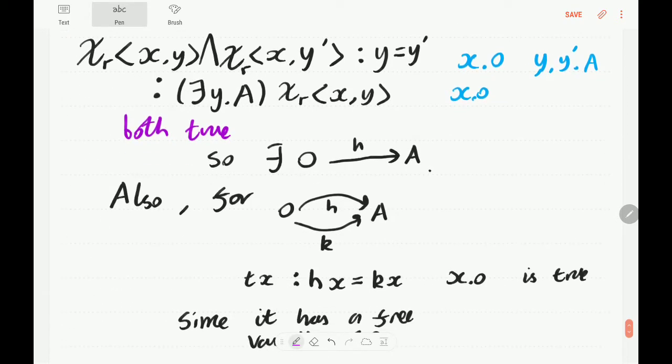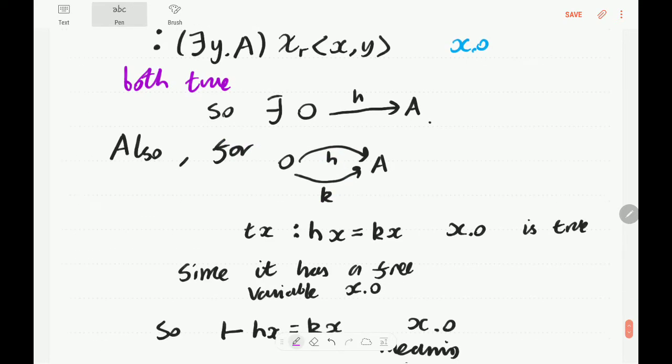Now also, we have that for any pair of arrows, H and K, we can consider this sequent here, TX, or maybe we can just say true, or even leave it blank on the left, implies HX is KX for X in 0.